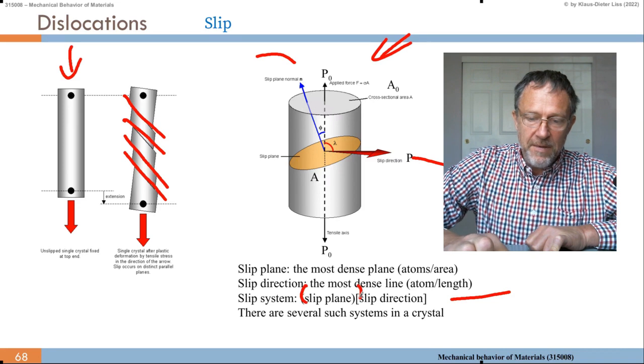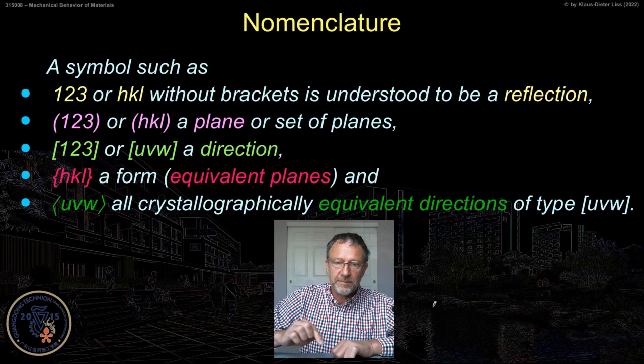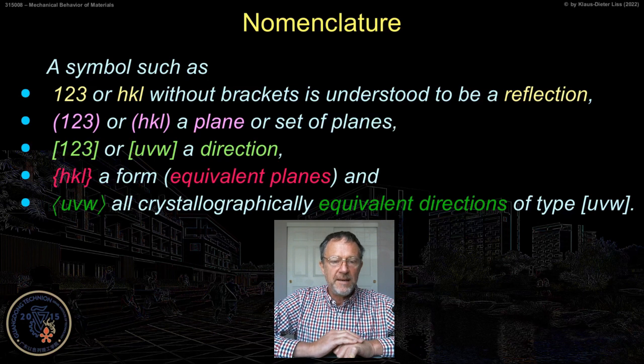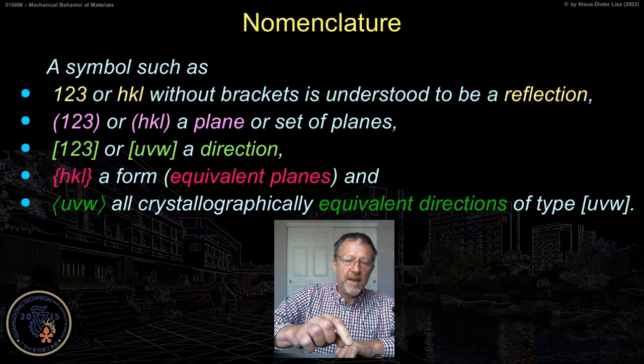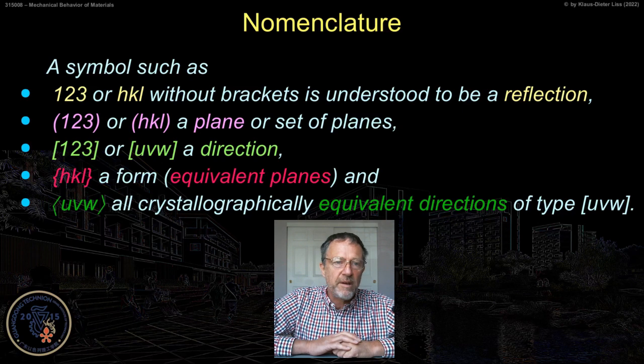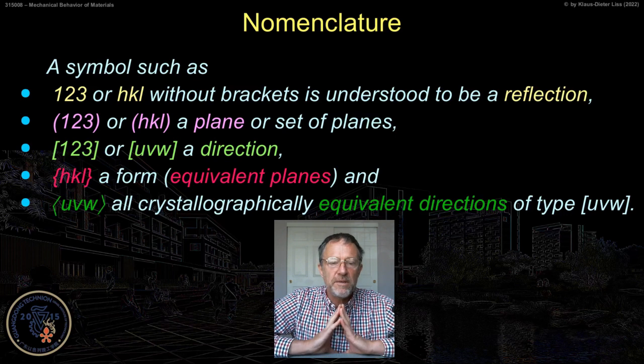So let me remind, we have here the round brackets and we have the square brackets for the directions. If you look up the nomenclature as defined by the International Union of Crystallography, then a symbol such as HKL or 1, 2, 3, without brackets it would be a Bragg reflection, so a reflection of electrons, of X-rays, of neutrons. As last week in the characterization we talked about scattering vectors, and there we would not put a bracket around the HKL.